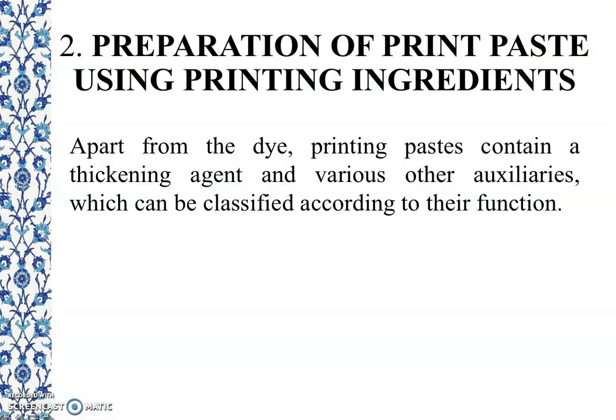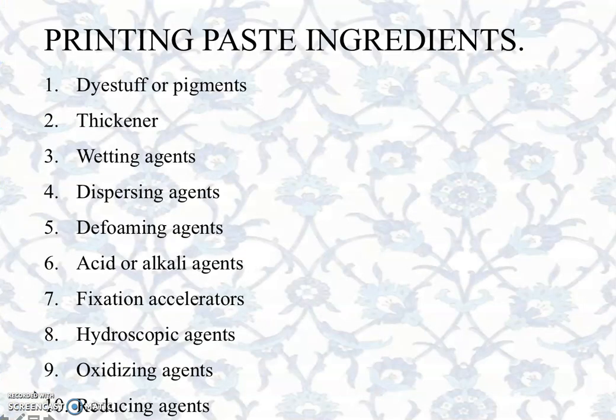After the fabric is ready for printing, now the printing paste will be prepared. Using printing ingredients that are compatible with each other, a well-prepared paste gives the best result. Printing paste is made up of the following component ingredients.